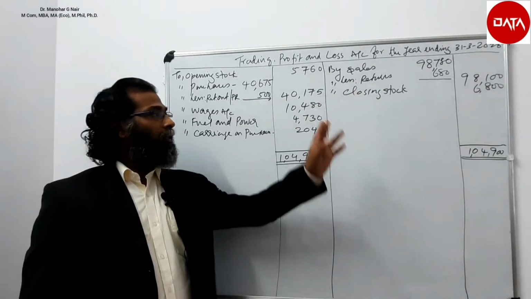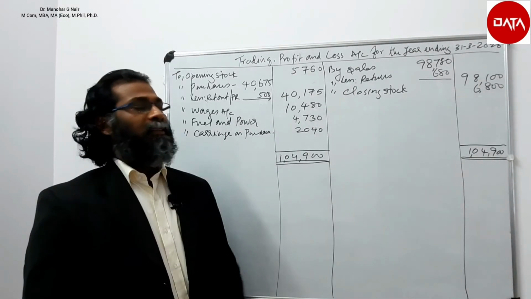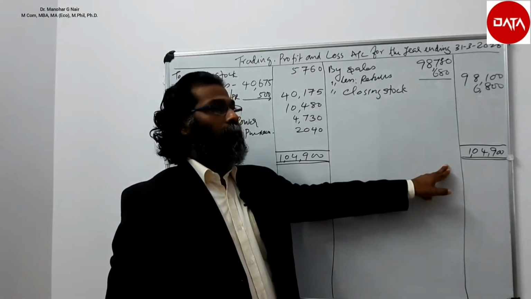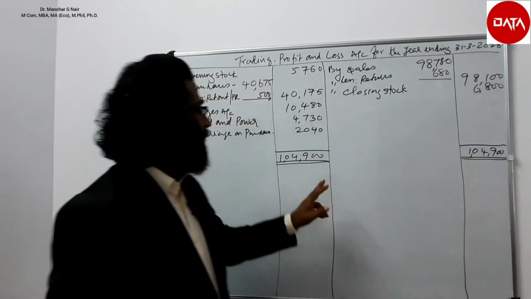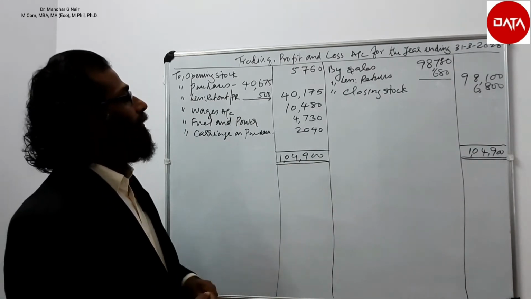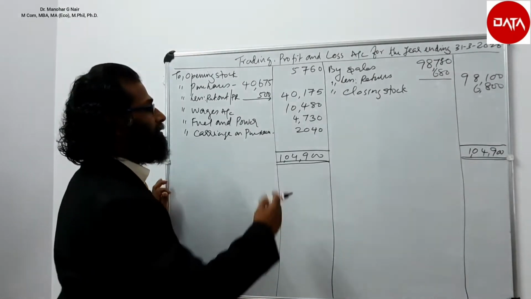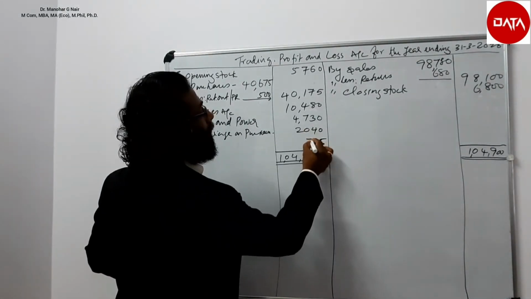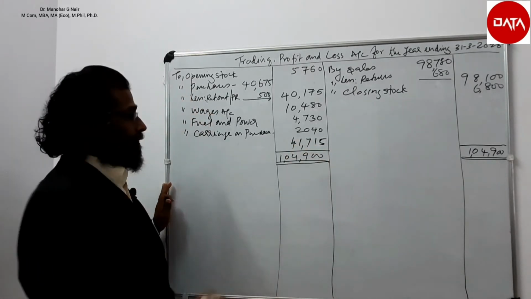After writing all the items in the trading account, you total it. In this case, the credit side is more. So the total is 1,04,900. You take that value to the other side, 1,04,900. Now you balance it. Find out the difference. The difference is 41,750.